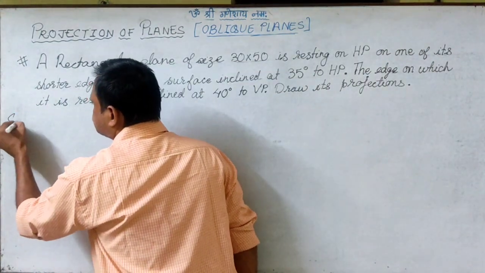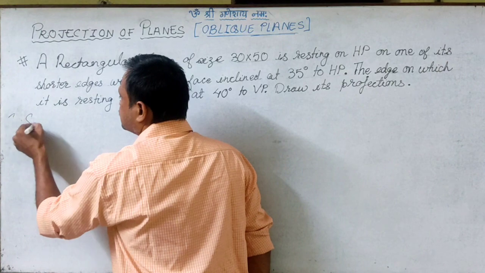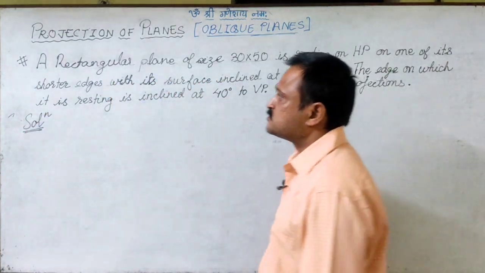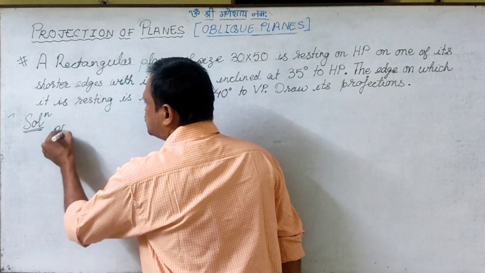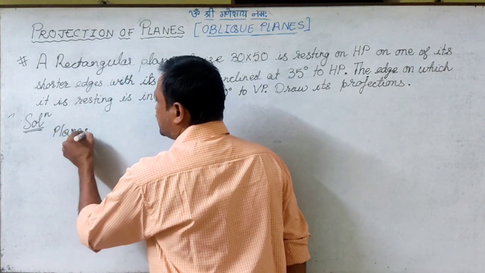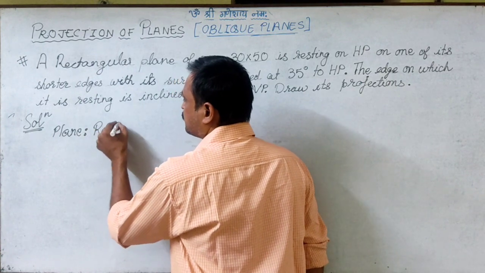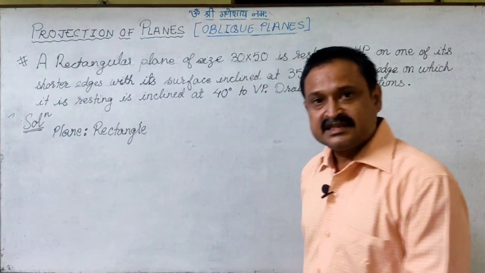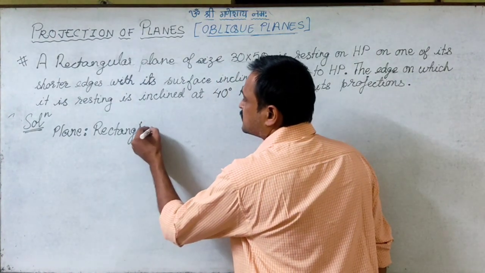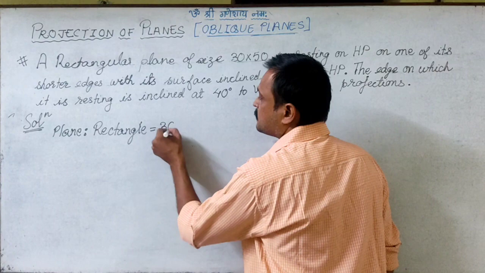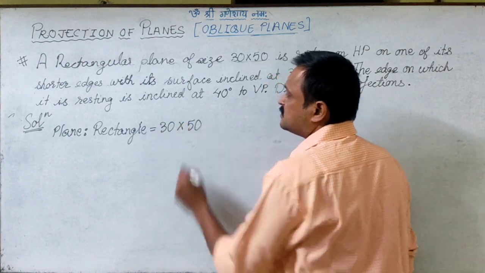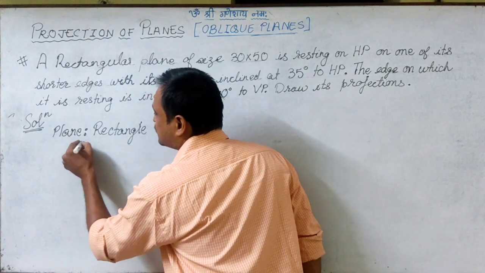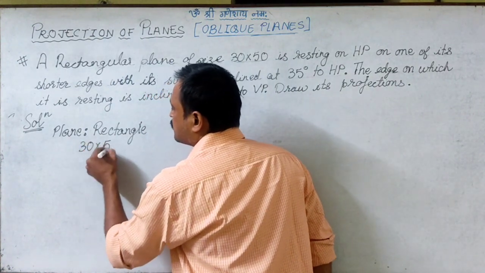First, we will always write down the data properly. What is the plane given to us? The plane is a rectangle, and it is a 30 by 50 size rectangle.